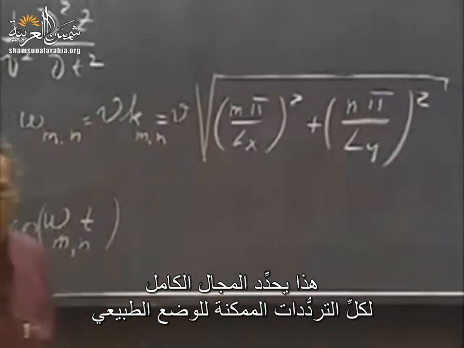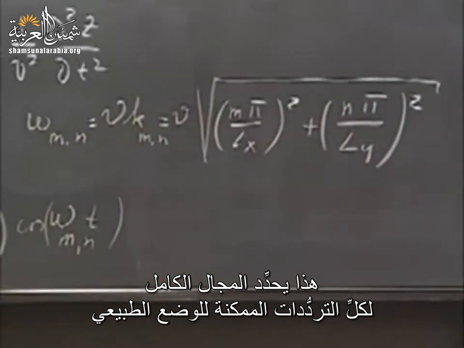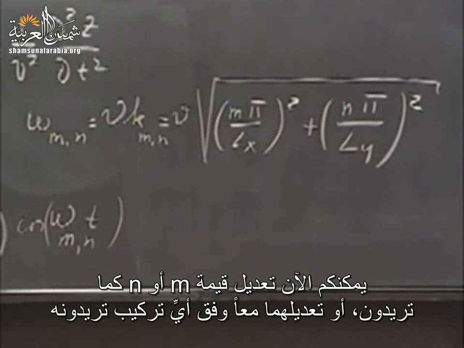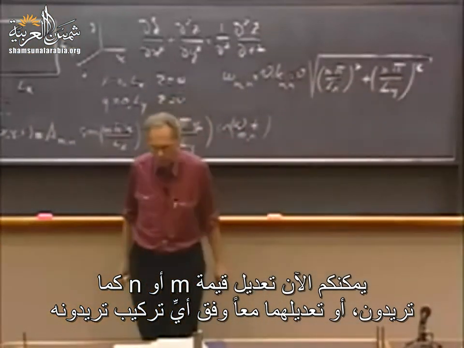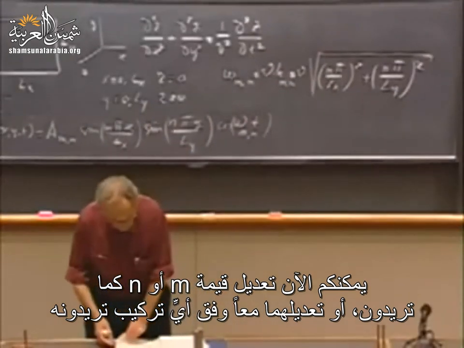This now sets the entire range of all possible normal mode frequencies. So now you can play with Mary m, and you can play with Nancy n, and you can cocktail that in all combinations that you want to.